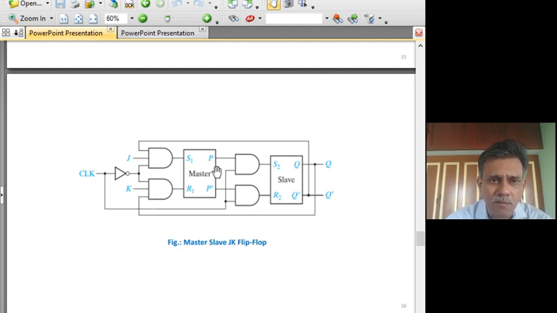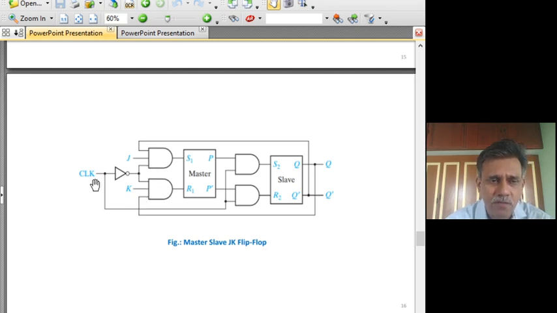Basically we have two SR latches, and before each of these two SR latches we have put AND gates, and we control these AND gates with the enable signal. There is one enable signal that enables or disables these two AND gates, and similarly there are two AND gates here, enabled using this enable pulse.